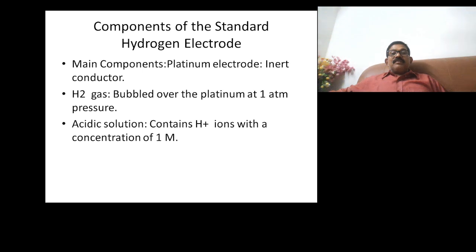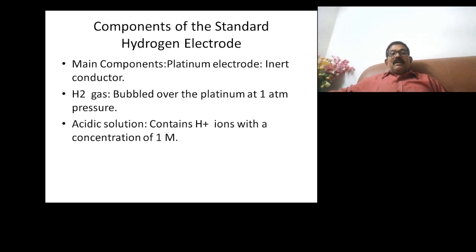So components of the standard hydrogen electrode. The main components involve platinum electrode. Platinum metal acts as an electrode.